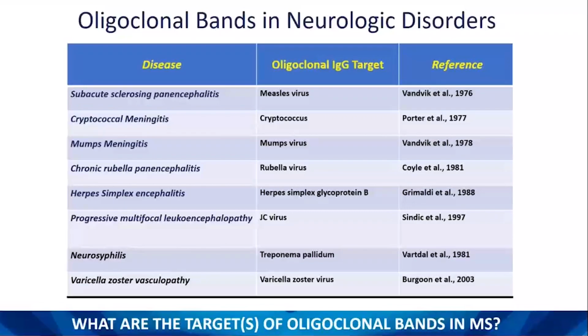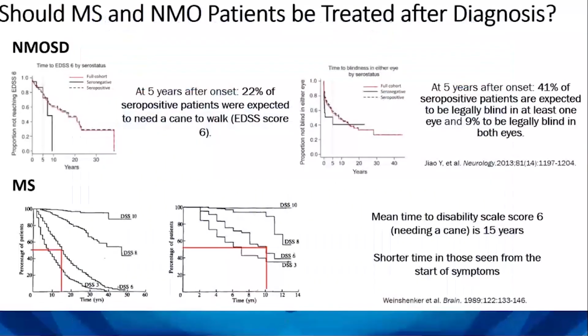So what could they possibly be in MS? Well, I'll tell you, we've been looking now for 20 years for what that target is, because this is telling us that it might be important and targeted against what the nervous system is looking at. And I'll finish up telling you that I think we have the first one that we now can start testing for. So what about treatment in these two disorders?